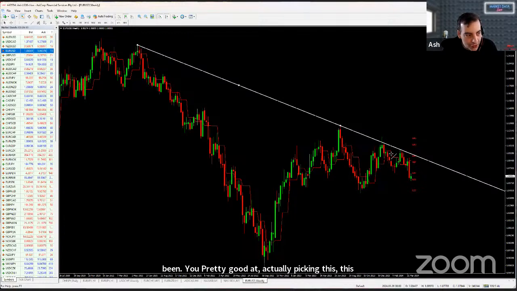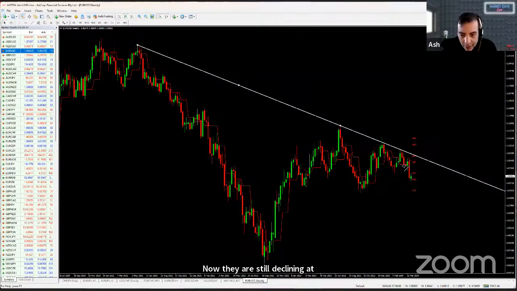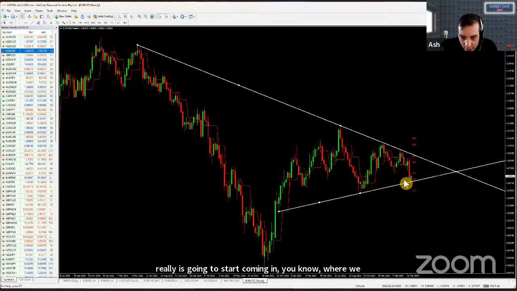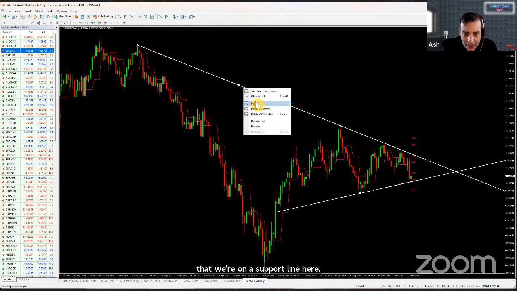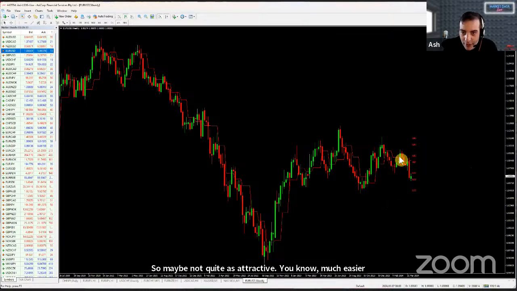Now they are still declining at this stage. And they're getting near that zero line, so it's still bearish for the euro. I think the issue really is going to start coming in, where we are going to be starting to draw our levels, and it might be that we're on a support line here, so maybe not quite as attractive. Much easier when the COT data has peaked and the price has peaked, and we get the signal from that.